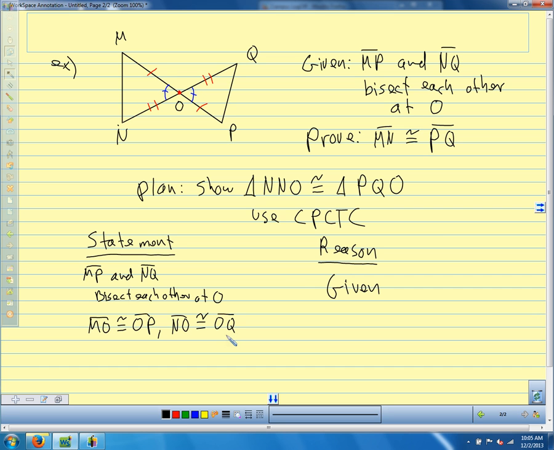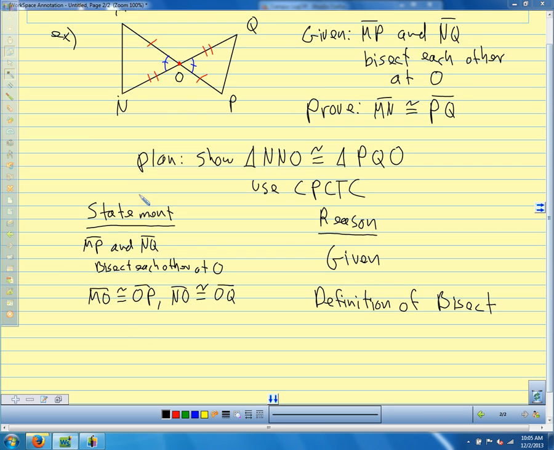What did we say bisect meant? Cut it in half? Well, isn't this saying that they're cut in half? So this is the definition of bisect. It means it cuts it into two equal pieces.